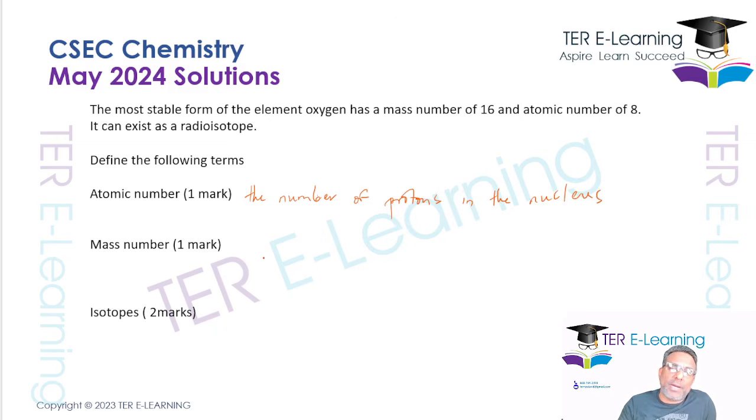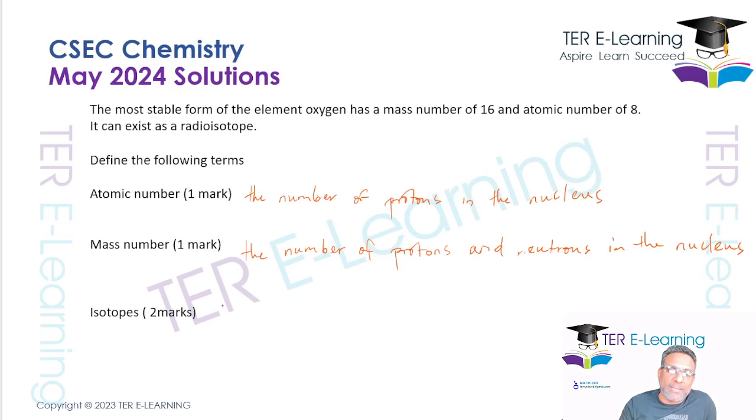Mass number is simply the number of protons and neutrons, so it's made up of a combination of protons and neutrons in the nucleus. Next part, what are isotopes?